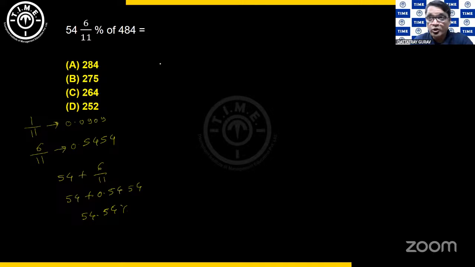Now we know the value of 54.54. What is 9.09? It is 1 by 11. If I multiply by 6, it becomes 54.54%. It is nothing but 6 by 11. So simply my question becomes 6 by 11 into 484.